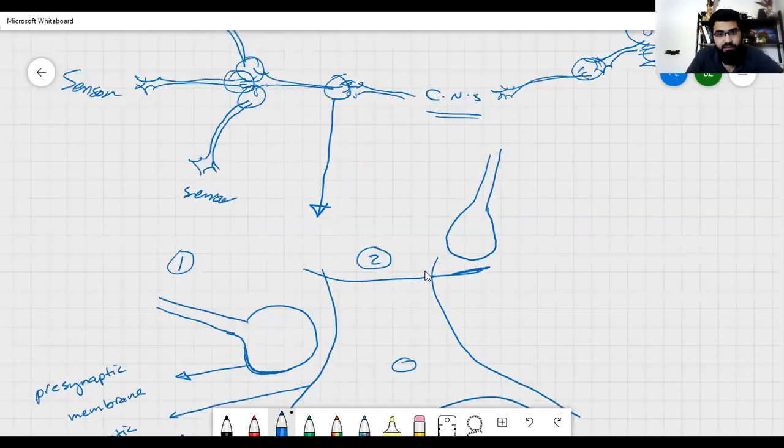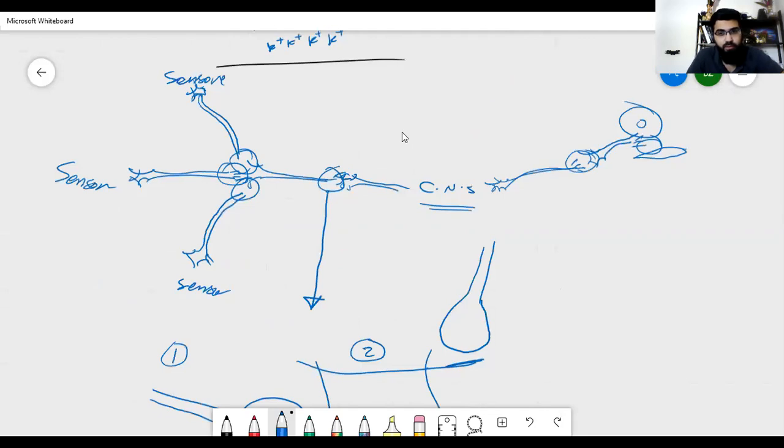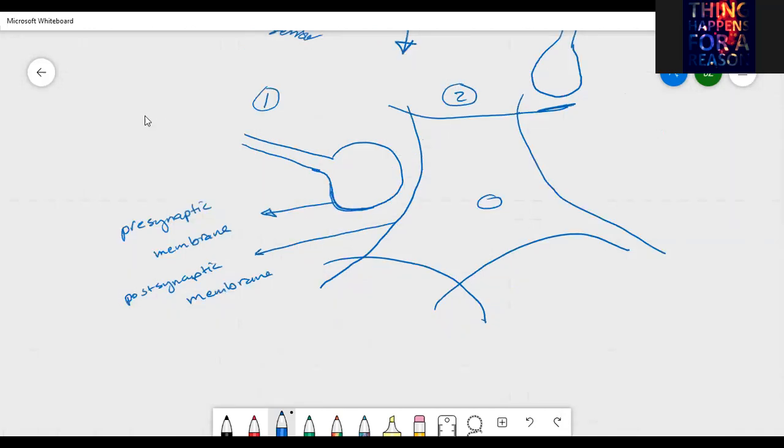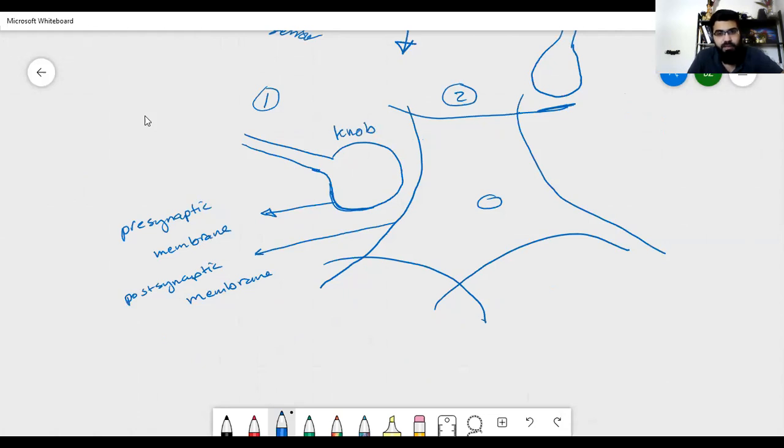We have neuron number 1 and neuron number 2, and the impulse should travel from this one to this one, through the synaptic connection here. This is the knob, this is the membrane of the knob, and this is the membrane of the next neuron.